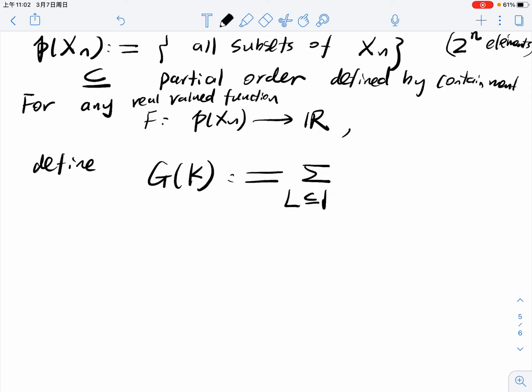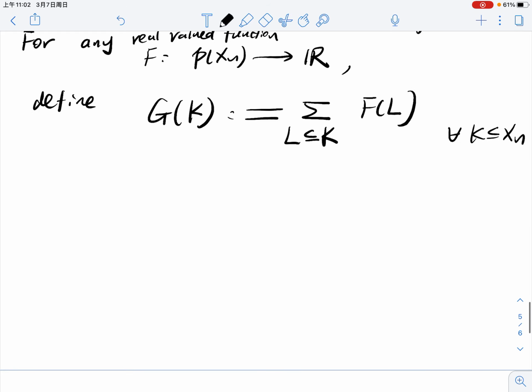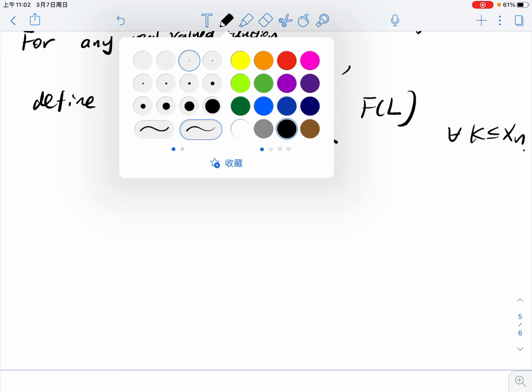It's a summation of F(L) for all L contained in K. And if we define this for all K, for a subset K of Xn, then G is, probably it's better to write in this way.